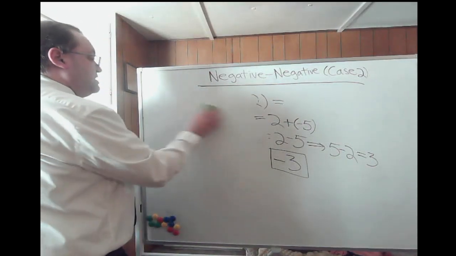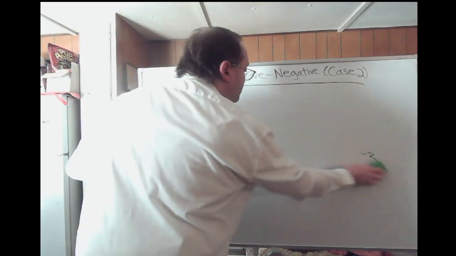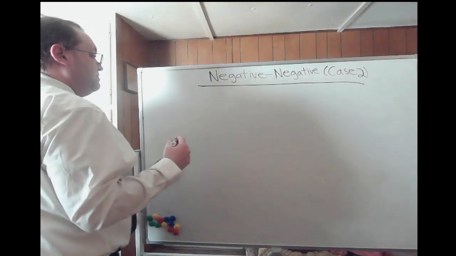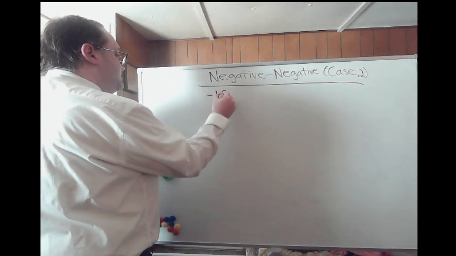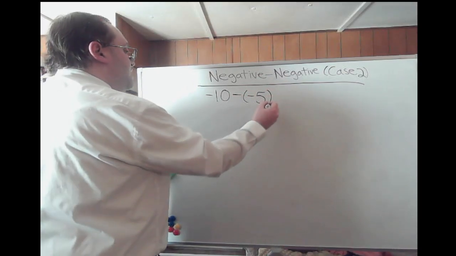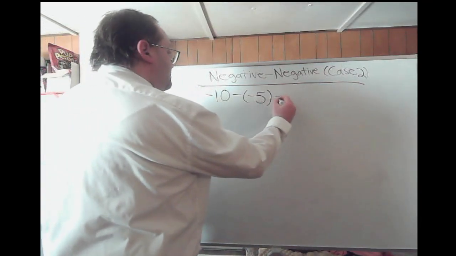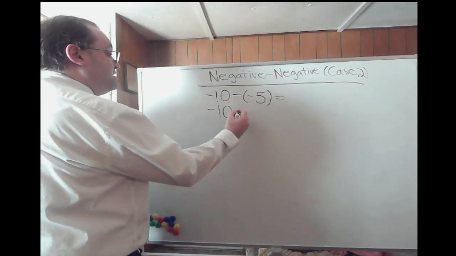Let's do one more example here. Alright, let's say we have negative 10 minus negative 5. The first thing you want to do is take that negative 10, and minus negative means plus.